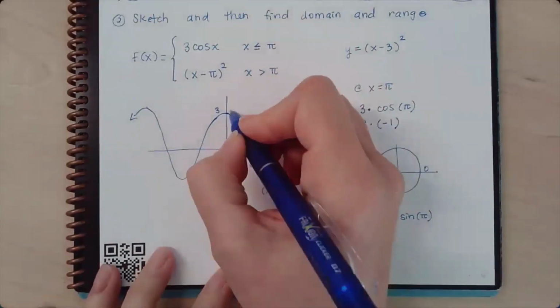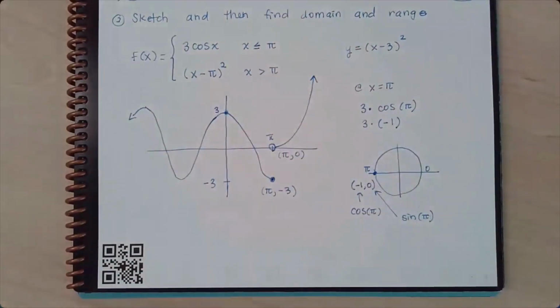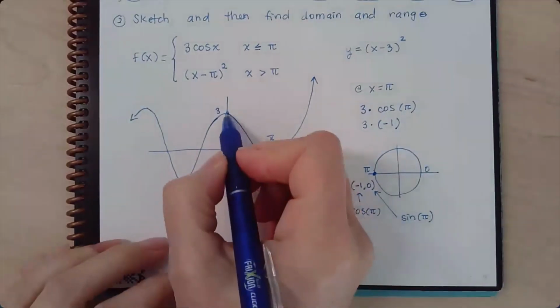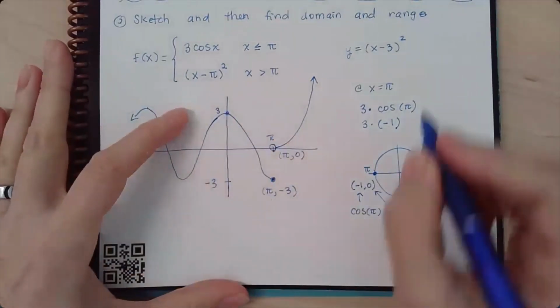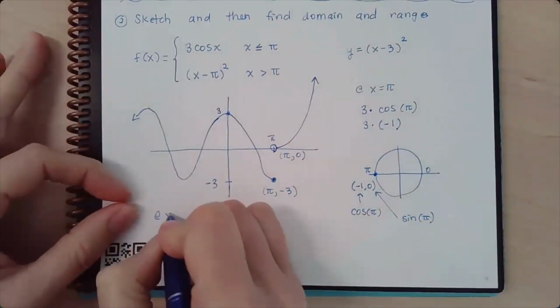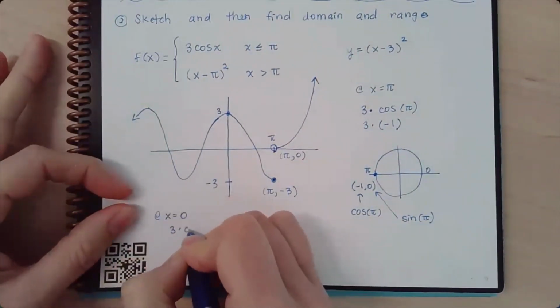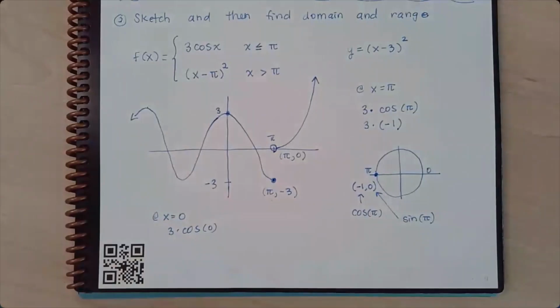And then to find the y-intercept. No matter what the graph is, no matter what my function is, my y-intercept is always where x equals 0. Every single time. So to get that y-intercept of +3, I would be looking at 3 times cosine of 0.